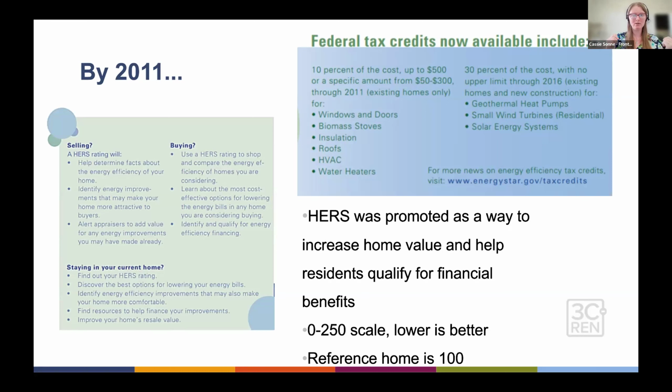And that reference home will have the baseline that's similar in size, shape, and climate zone of your proposed house. Basically, the reference home will be a baseline. And if your home has a lower HERS score than the reference home, then it's more energy efficient. It's really common in California for houses to have lower scores, often under 100, because once again, California is special and we just like doing these things.